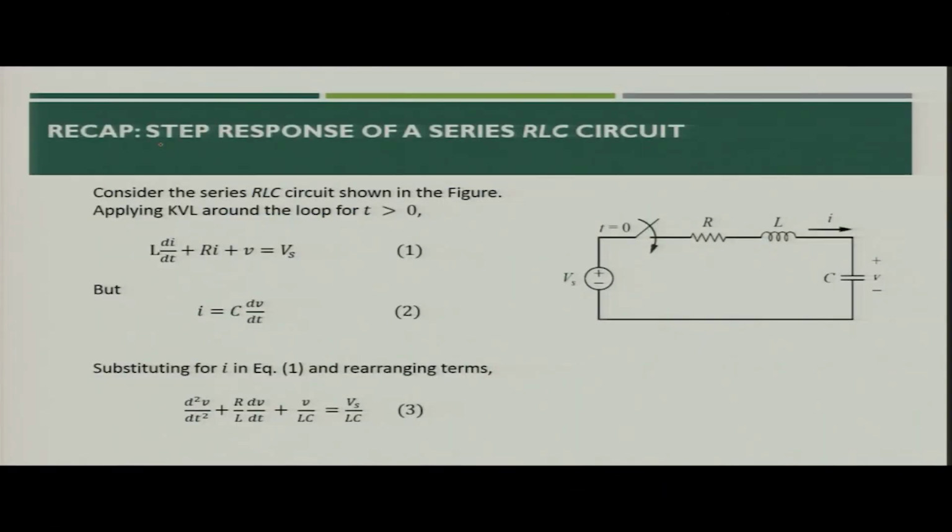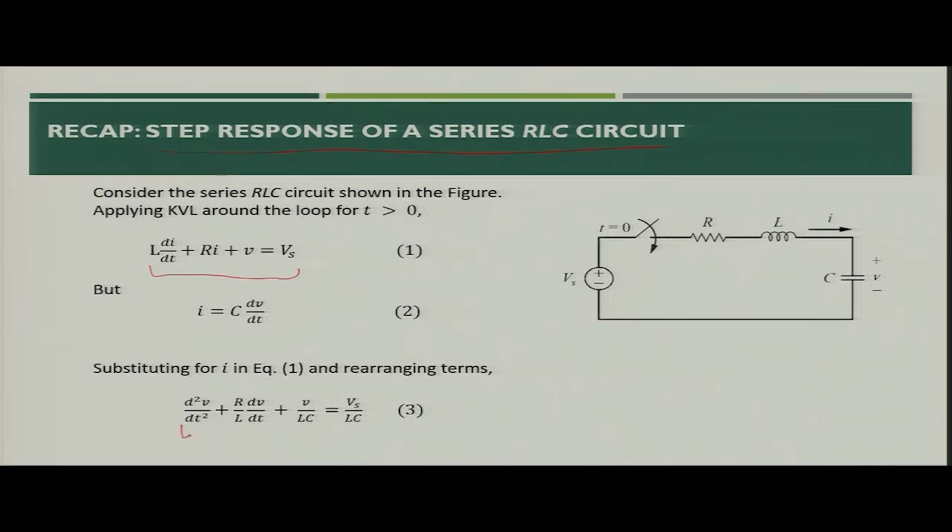In the last class we discussed the step response of a series RLC circuit, and we discussed that at time t equal to 0, when the switch is closed, the equation for the circuit is L di by dt plus R i plus v is equal to Vs, where Vs is the voltage source.